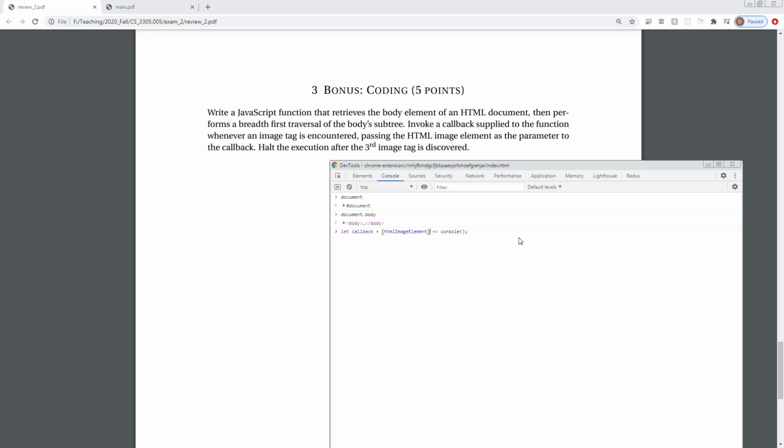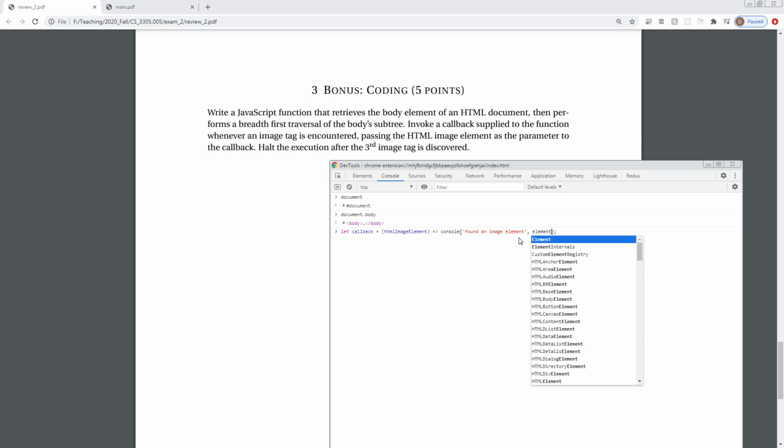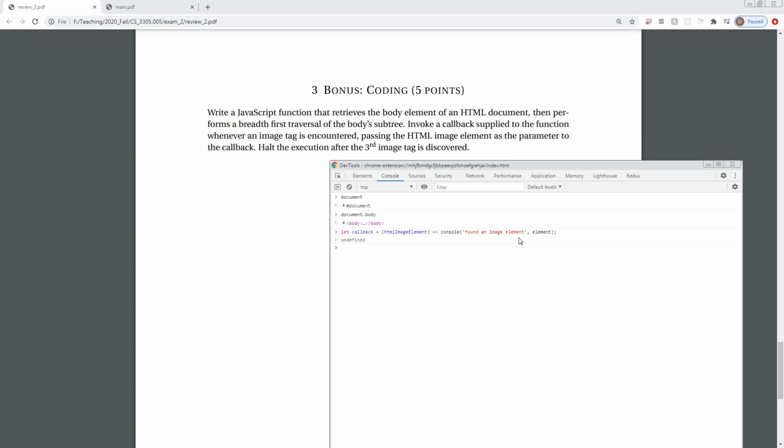The only thing that we care about is the function signature, and that it expects to receive an HTML image element. Although in JavaScript, it is super flexible, so you don't even have to worry about it compiling. But we'd say found an image element, and then we would just write that to the console. Okay, so we have a callback that we can use to test.